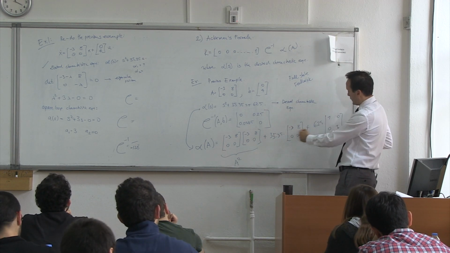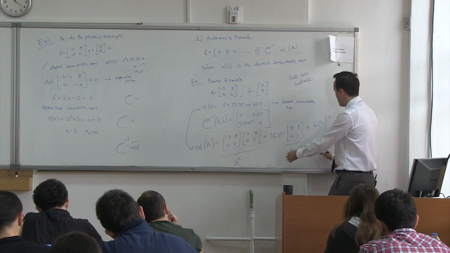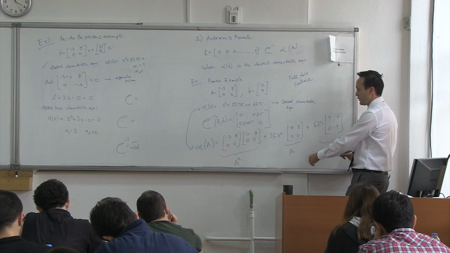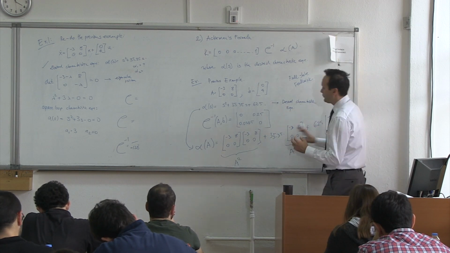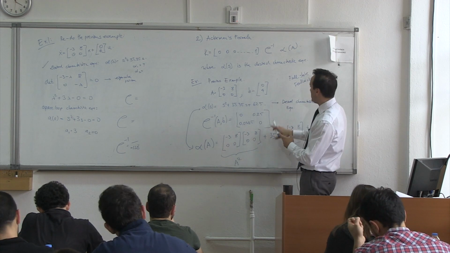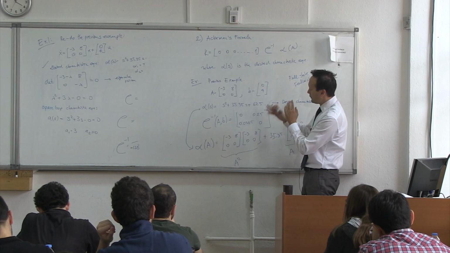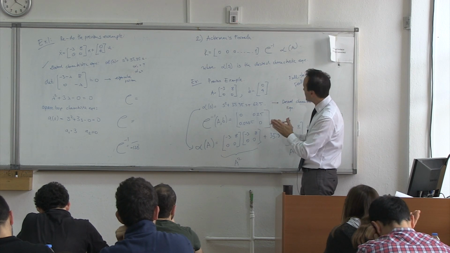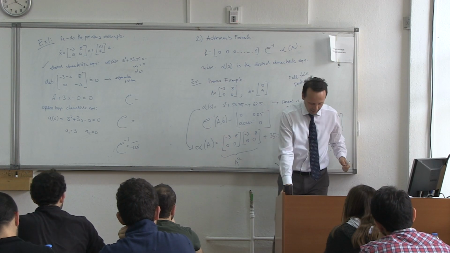Okay? 625 times the identity matrix, here. Is that okay? So, if you find this, you will get a matrix multiplied with the inverse of the controllability matrix, multiplied with this vector, and you get K. Let's do that.